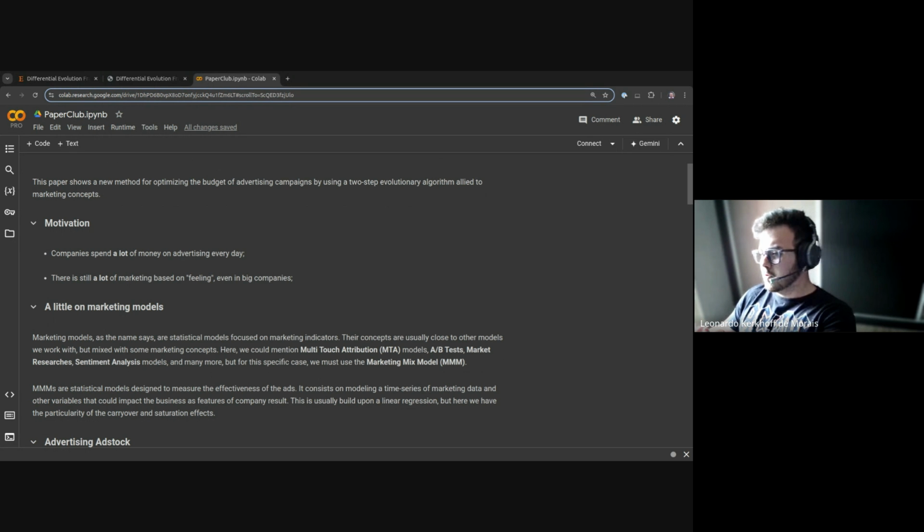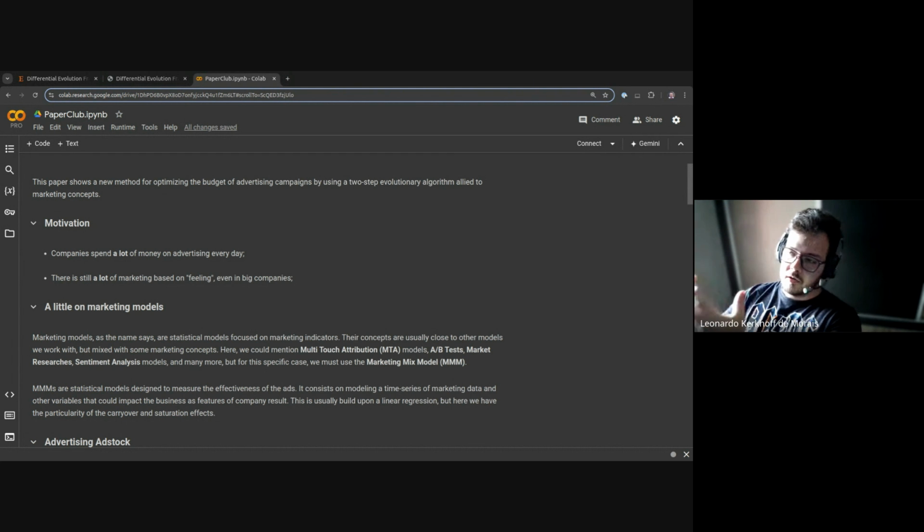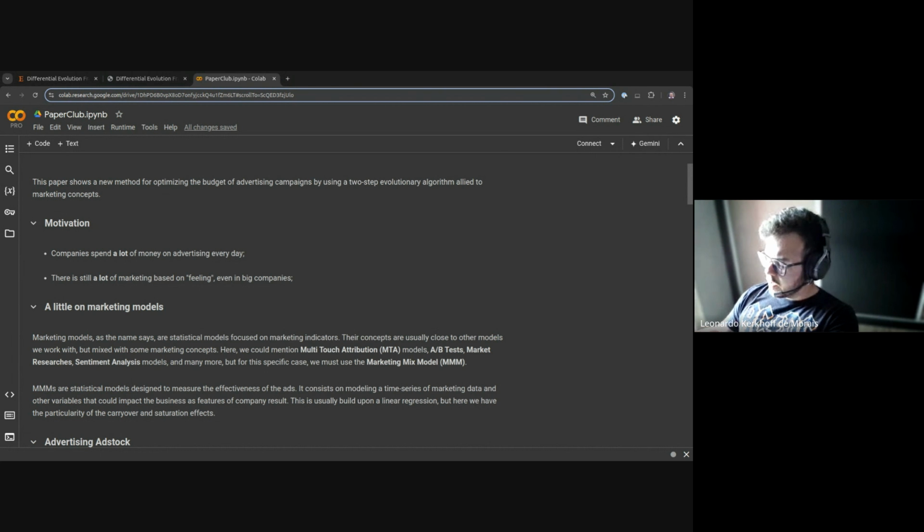This is a kind of model that is on the rise today, and many other kinds of models. But for this specific use case, predicting what our investment should be to optimize our budget, we must use the marketing mix model.